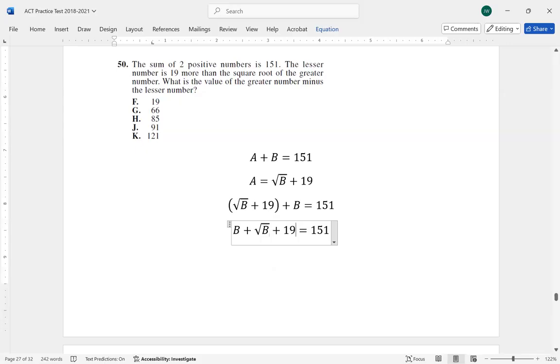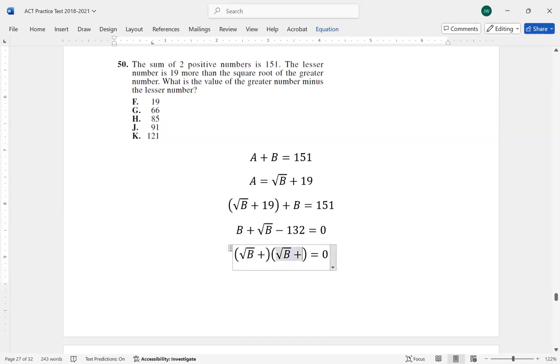When I subtract, I get minus 132 on the left, and a 0 on the right. Now, this is in quadratic form, where this B is like the square root of B squared. So I can actually factor this into the square root of B plus some number times the square root of B plus some other number is equal to 0.